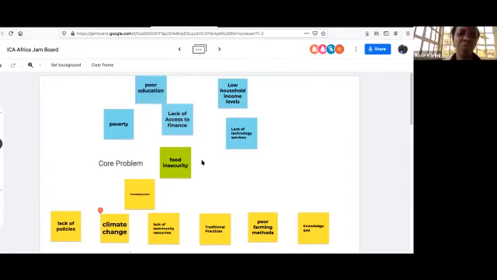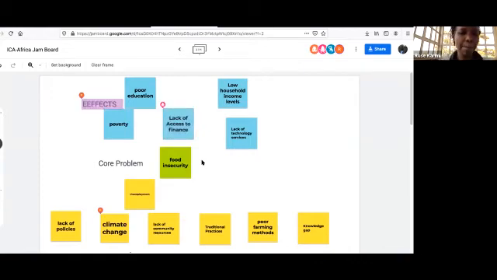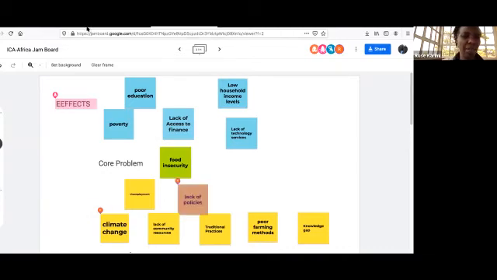If you are poor, then you cannot access education, I think. So then that becomes the effects. And these are the causes.